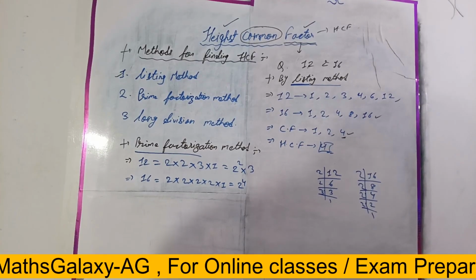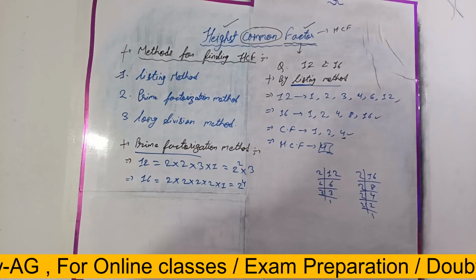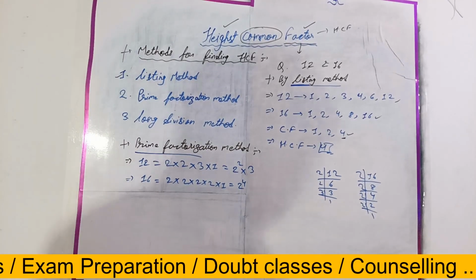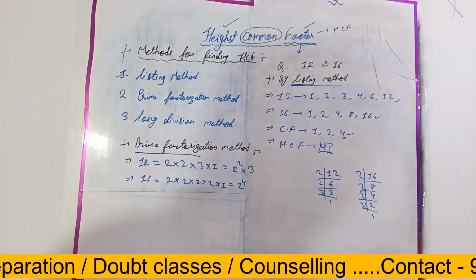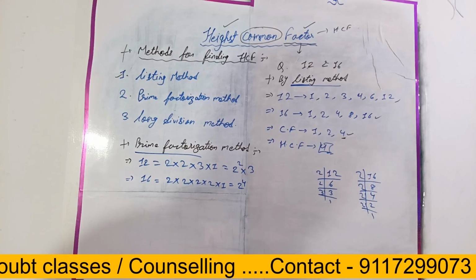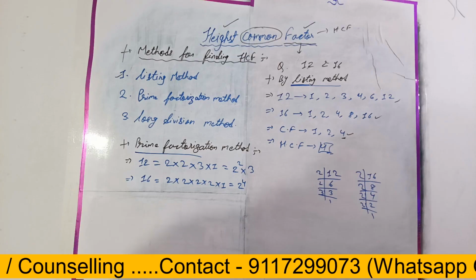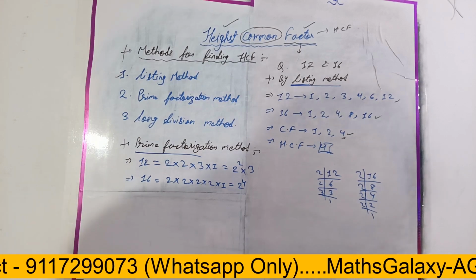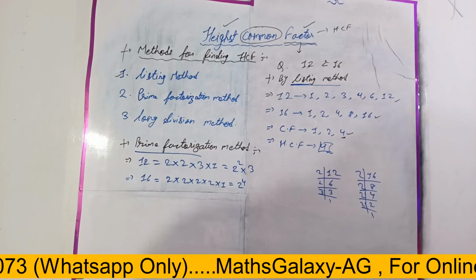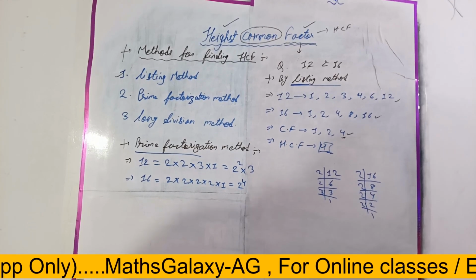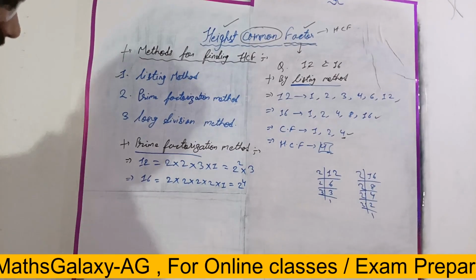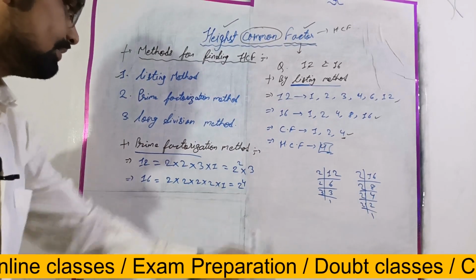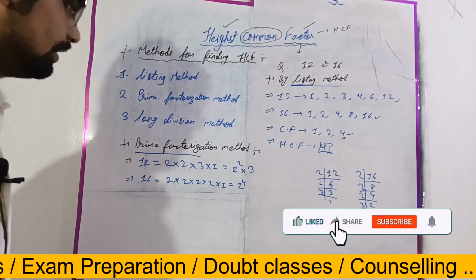Can you tell me? You have to take out the common factors and multiply them. Here it is 2 to the power 2 into 3, and here it is 2 to the power 4.